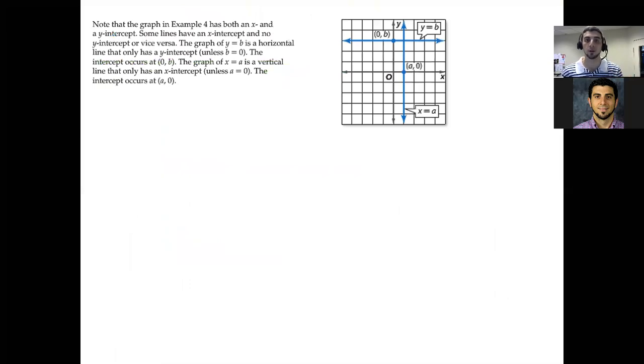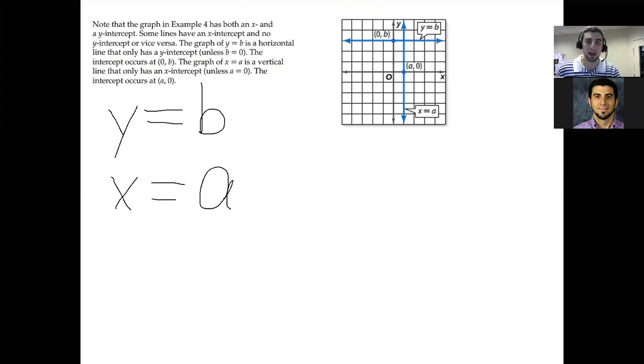The graph of y equals b, so if you just have no x value and you have y equals a number, we'll call it b, that's always going to be a horizontal line going through the y-intercept of whatever b is. If you have x equals a, x equals some number, that's going to be a vertical line going through the x-intercept of whatever a is.